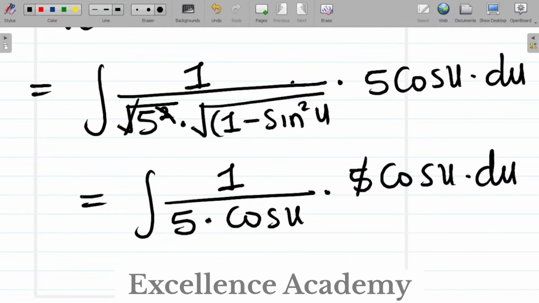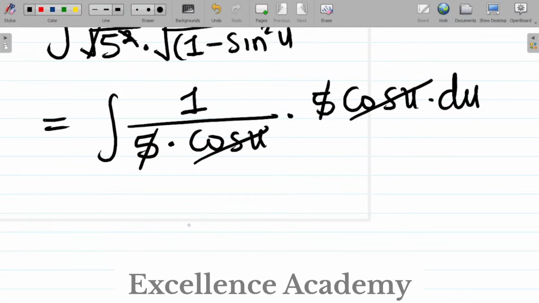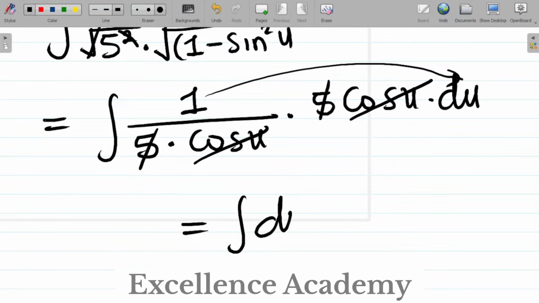Observe that 5 cancels 5, and cos u cancels cos u. So I'm left with the integral of 1 times du, which is the integral of du. Integrating du, the integral sign cancels the differential, and I'm left with u.